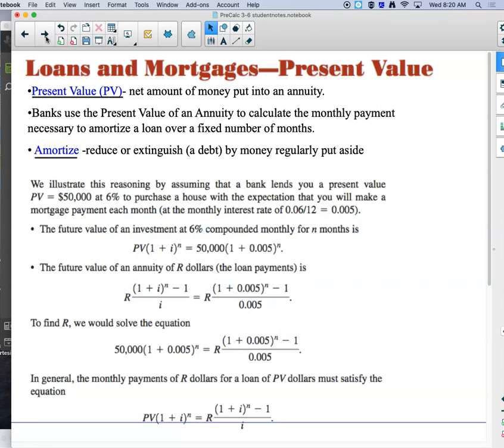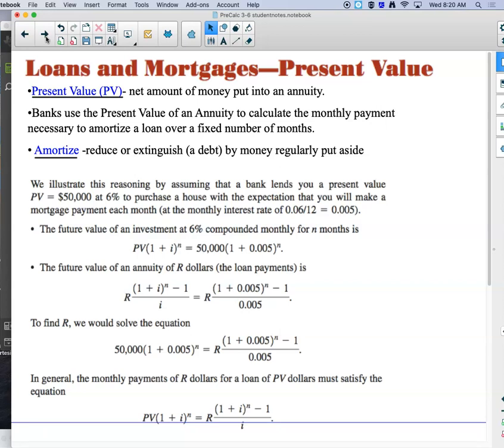It says the future value of the investment at 6% compounded monthly for n months is... So they're using the present value and then that interest to figure out how much this would be. The future value of an annuity of R dollars with the loan payments is here.